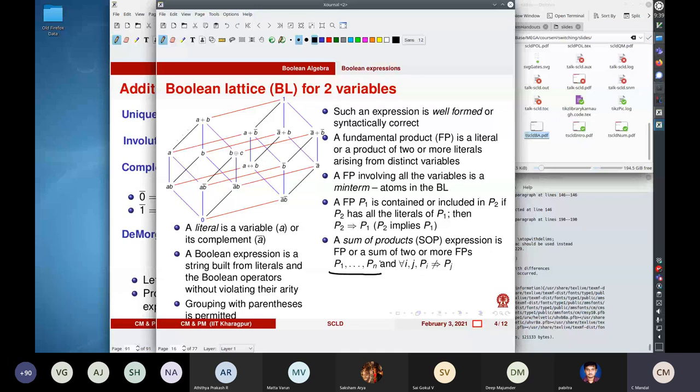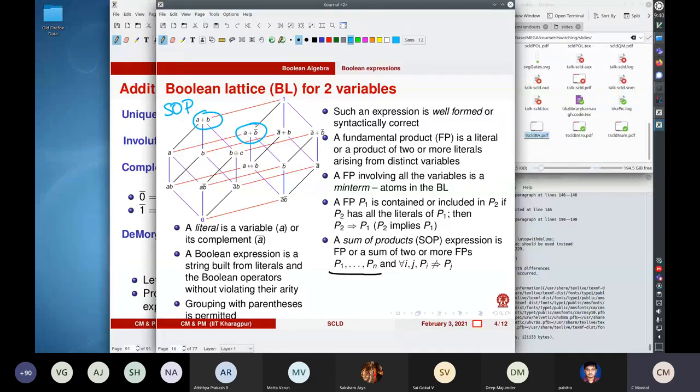So this is how you can relate these Boolean lattices to the sum of product expressions that you have been dealing with. As you can see, all of these are SOP expressions. These are shorthands, of course. This is AB.